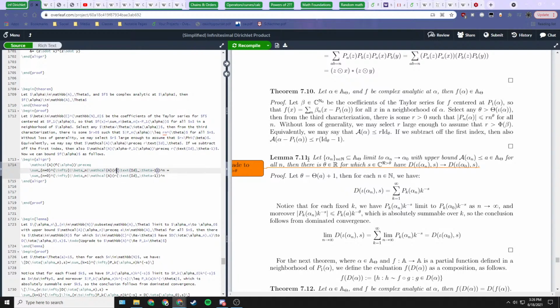Or sorry, we want to do A of alpha minus p1 of alpha power n. We'll just do this in parts. And then this is in turn bounded by, so instead of beta, we'll do, actually we forgot to do our constant for the beta.